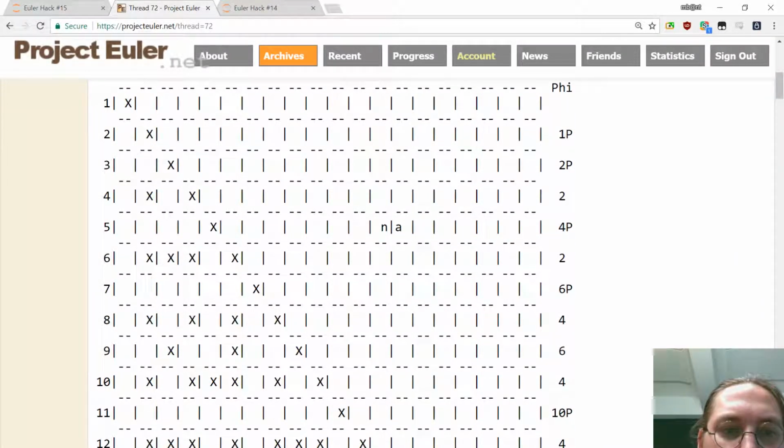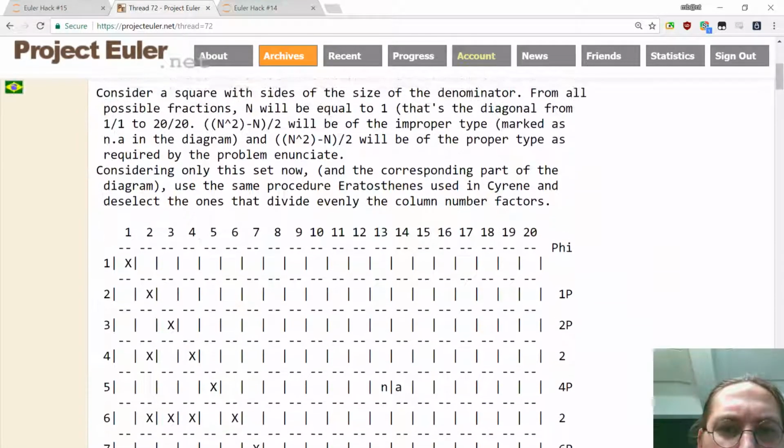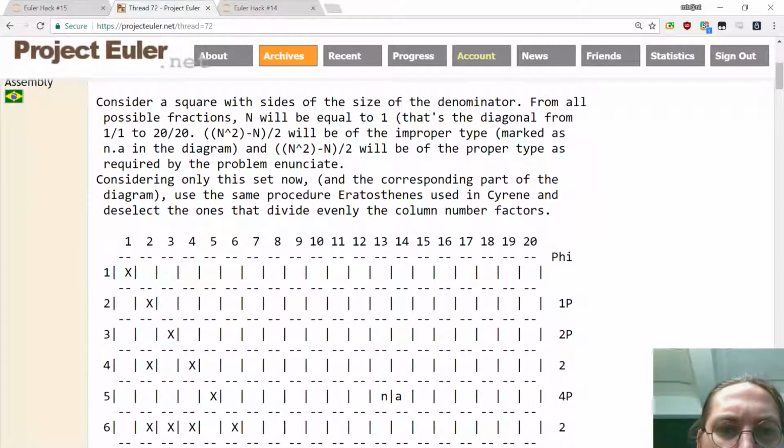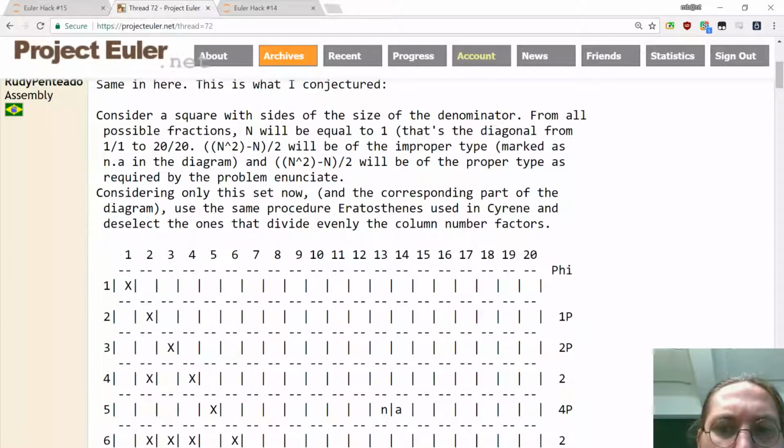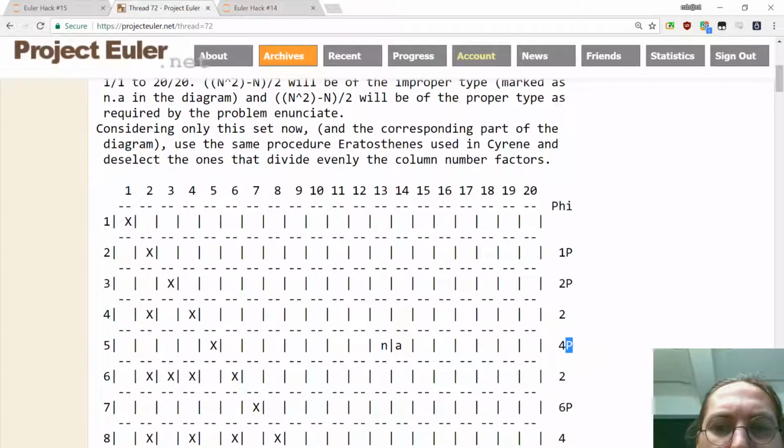Is he also using phi? I don't think phi, at top right. Once one divides evenly, the column number factors. Yeah, but why? How did he find these?